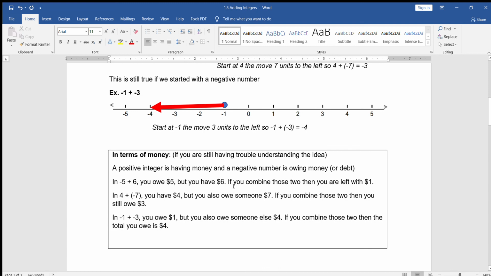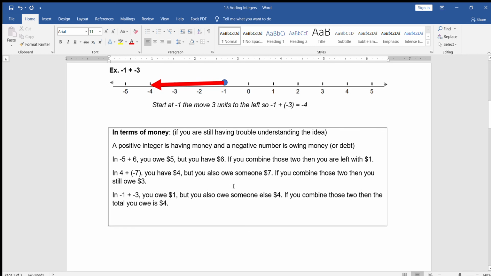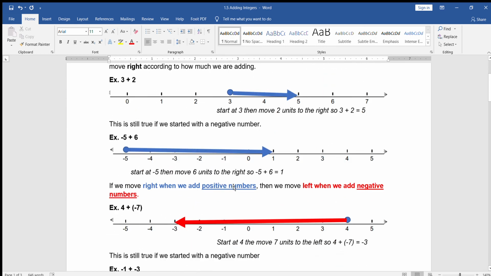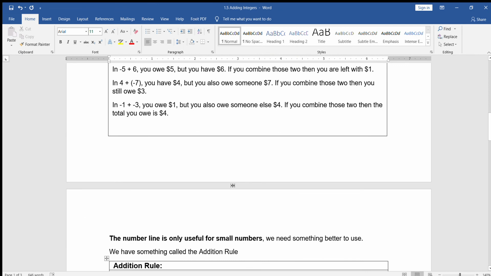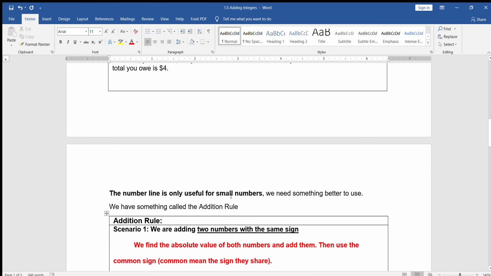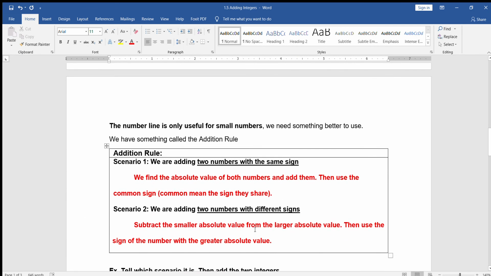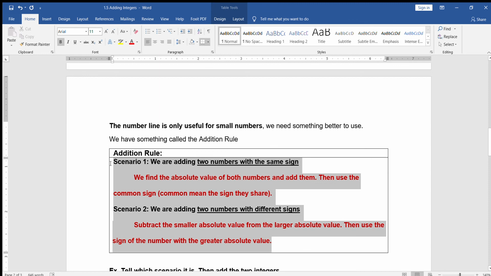And again, I'm encouraging you to learn the rules by heart, because we're going to use these rules a bit more in the other sections, on other topics.